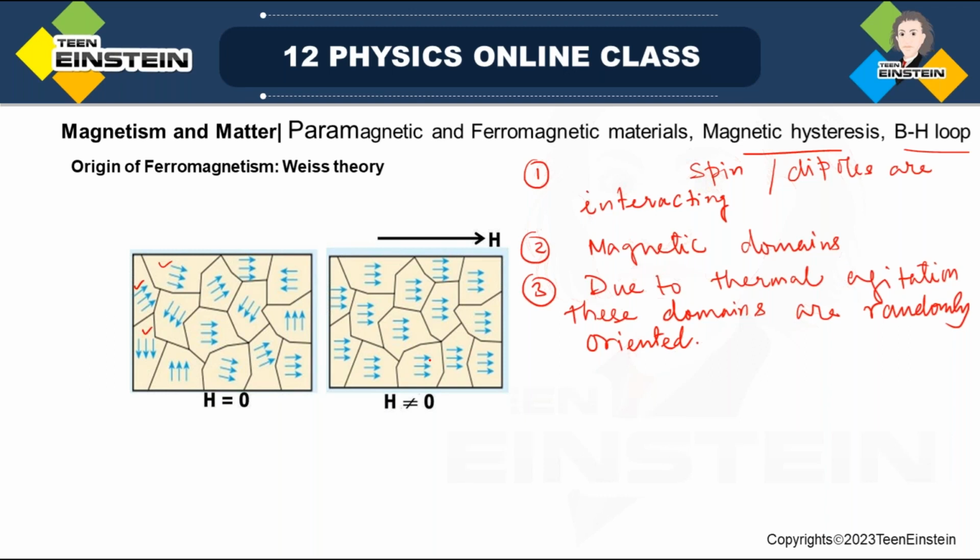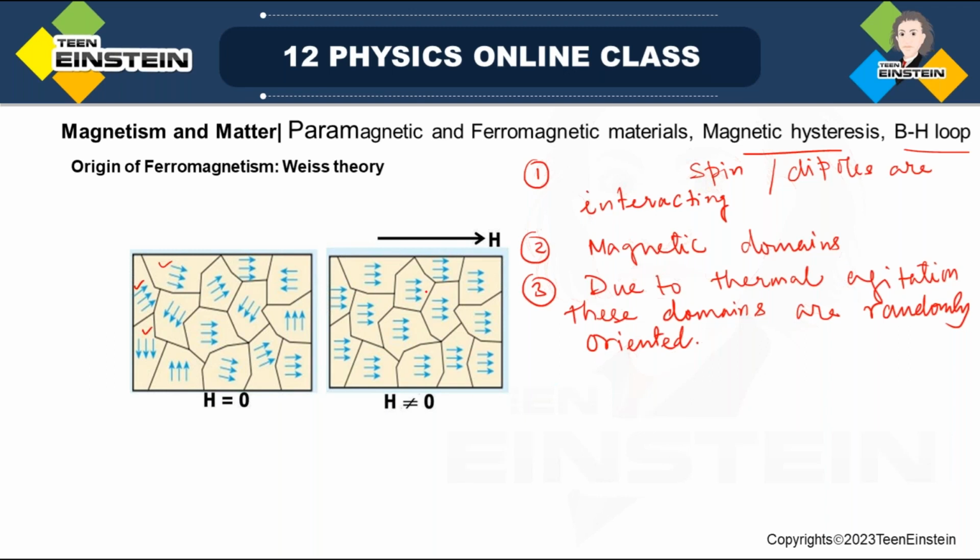Because of that the net magnetization will be 0, and as you apply the magnetic field externally, the domain walls first rotate, and then as you increase the field gradually, the favorable domains will increase.